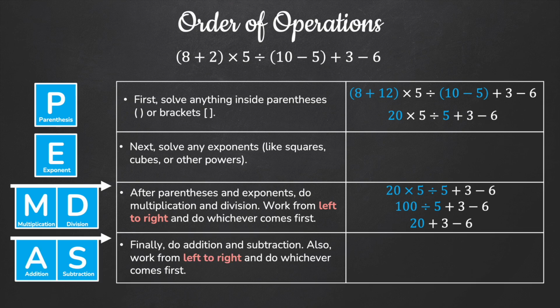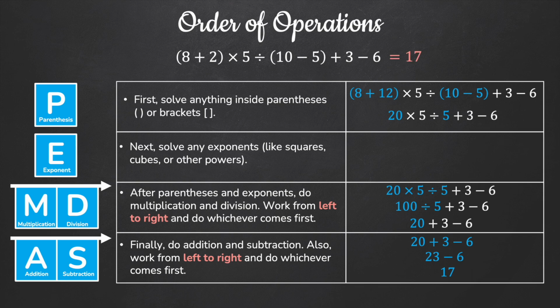Finally, we have A and S for addition and subtraction. And just like multiplication and division, remember that we're doing this from left to right. Doesn't matter if addition comes first or subtraction, we do whichever one comes first. And in this case, addition comes first, so we're going to do 20 plus 3 first, and we get 23, and then 23 minus 6 is equal to 17.